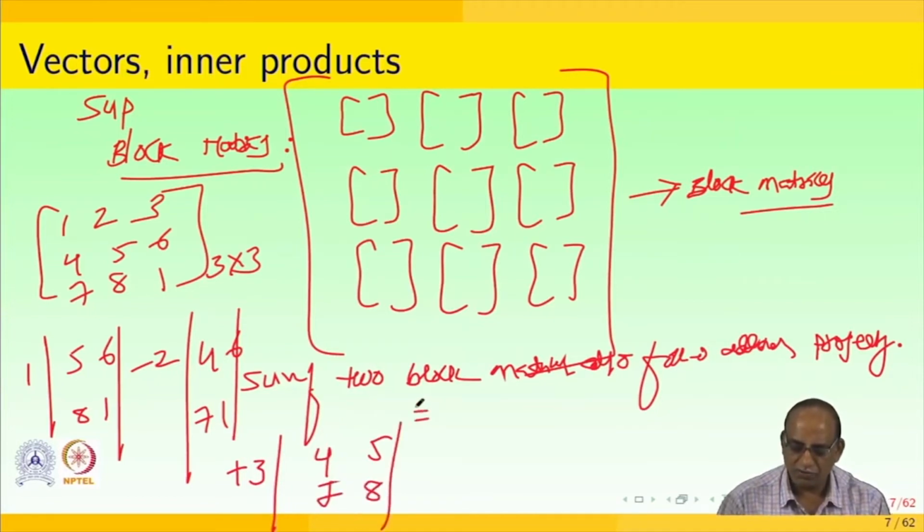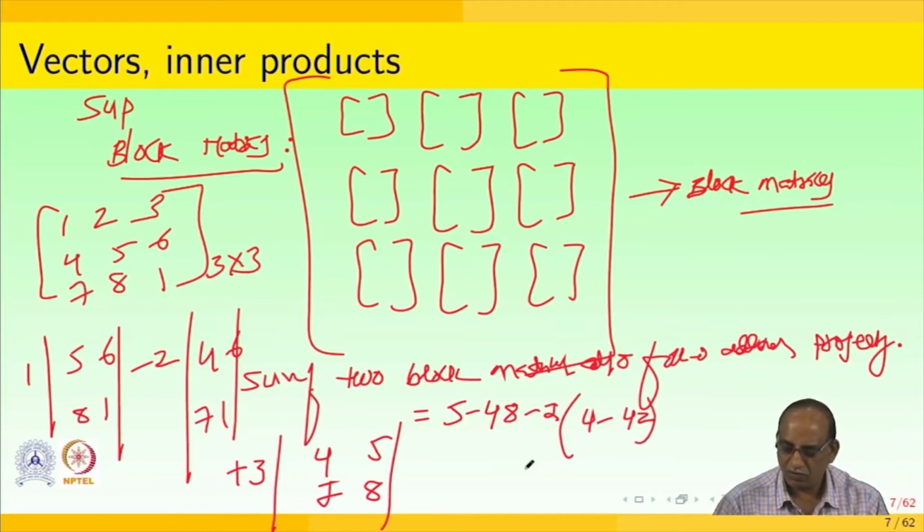So this will become 5 minus 48, minus 2 times 4 minus 42, plus 3 times 32 minus 35.